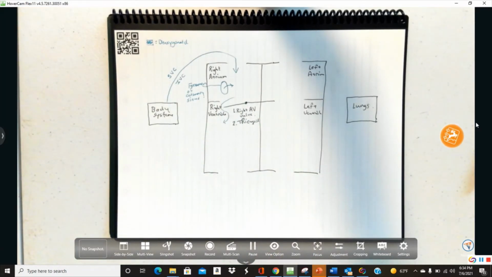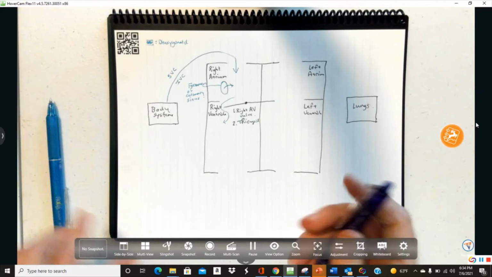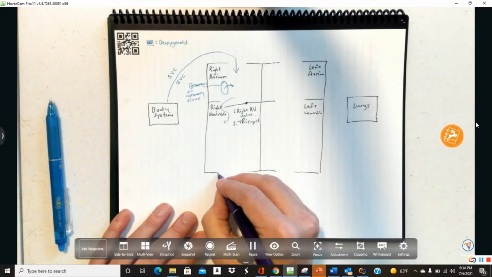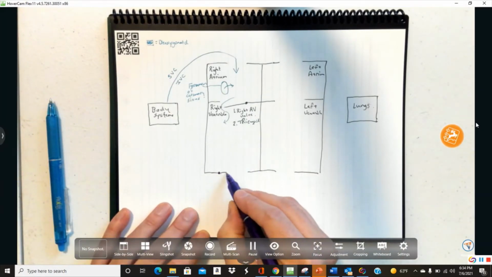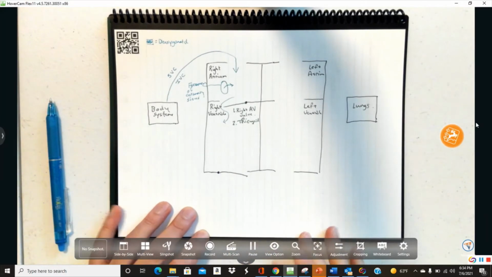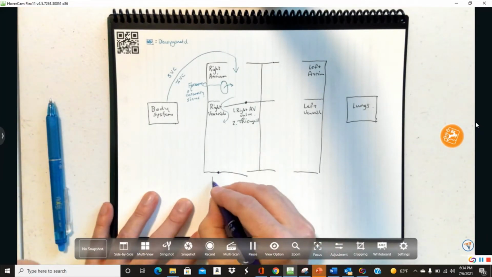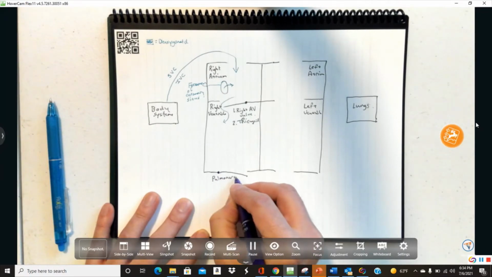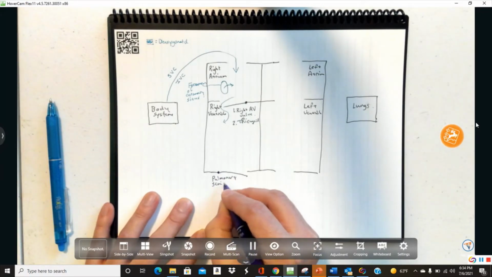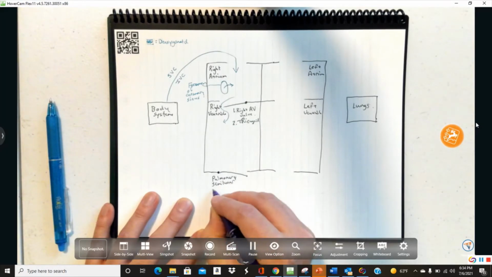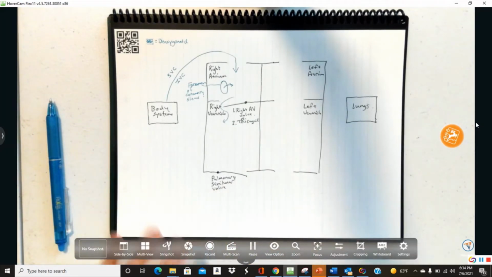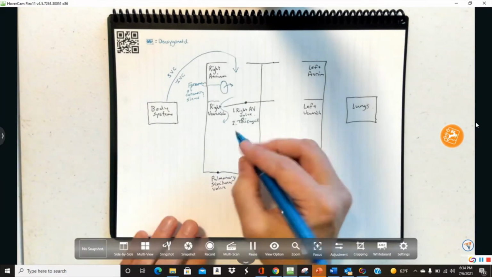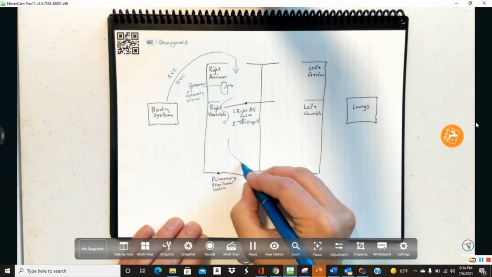And this right ventricle also has a trap door. And I'm going to put the trap door this way now. And this is called the pulmonary semilunar valve. Pulmonary semilunar valve. Or sometimes it's called pulmonic valve. Now, this blood has to go through the pulmonary semilunar valve.